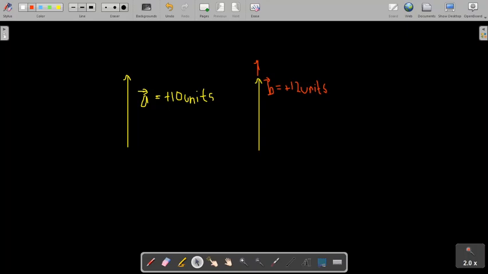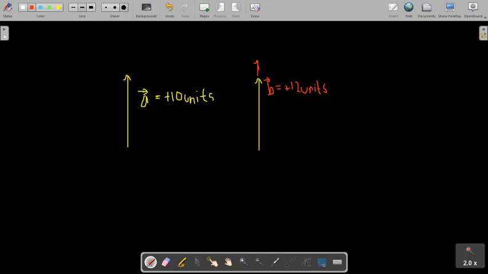I'll just prove to you that whenever you have two vectors facing in the same direction in one dimension, we could just add their magnitudes up to get the magnitude of the resultant.